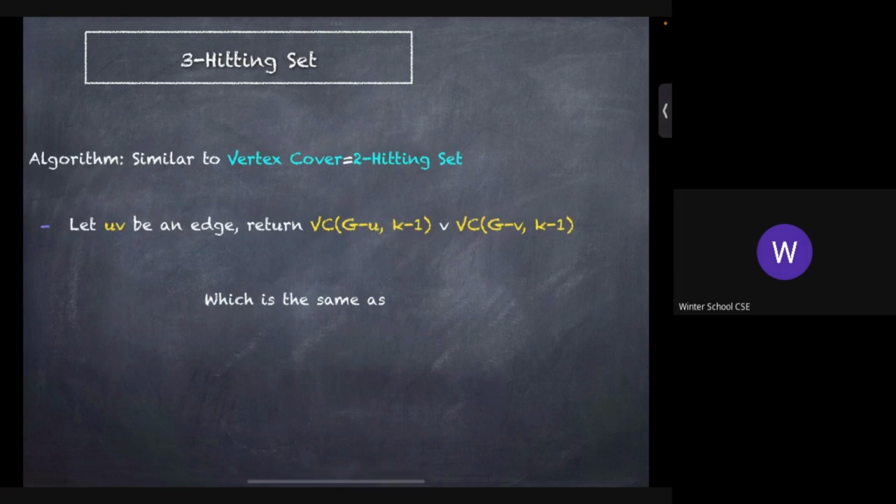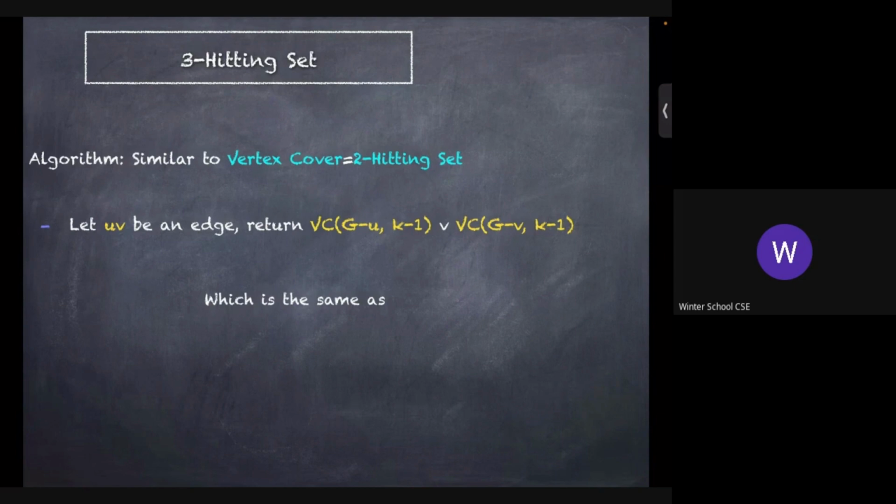You probably already noticed that d-Hitting Set is a generalization of vertex cover, because vertex cover is just 2-Hitting Set, where every edge consists of 2 elements, and I'm asking to hit all the sets with at most k elements.